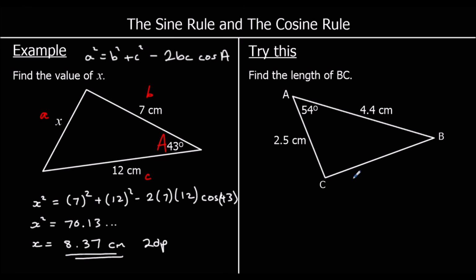So we are finding BC. And again, it's the cosine rule. We know 2 lengths and the angle between them, and we're finding the other length.